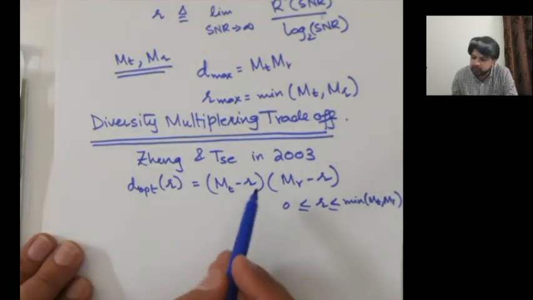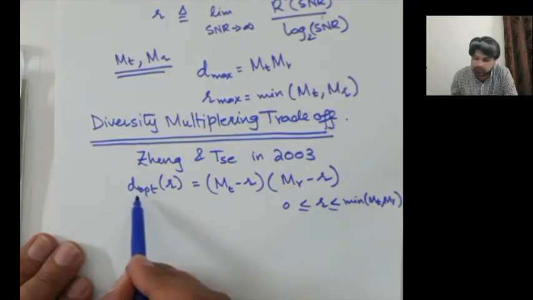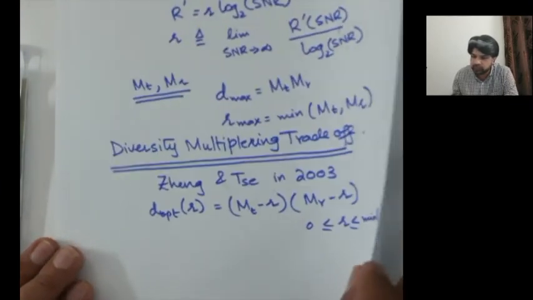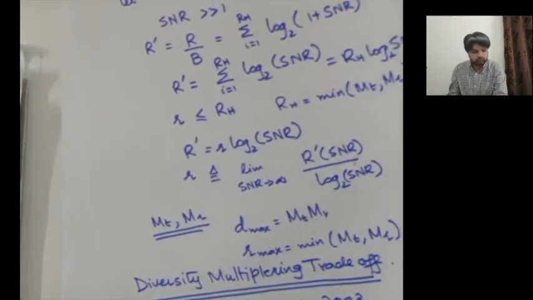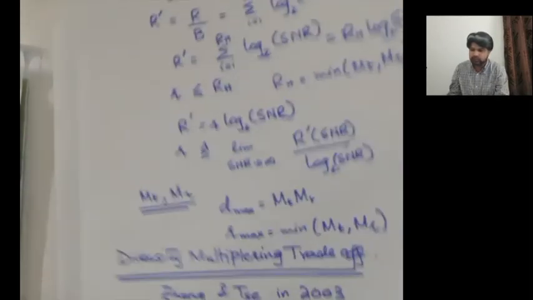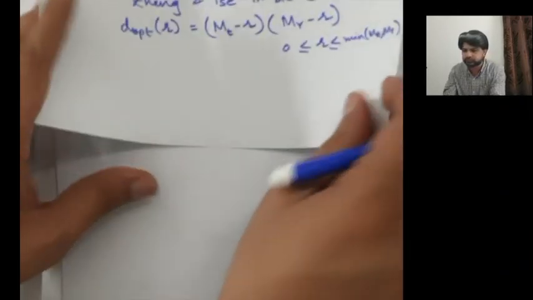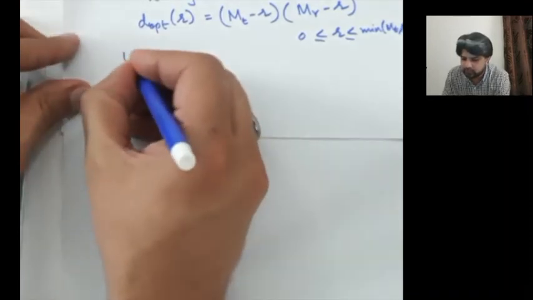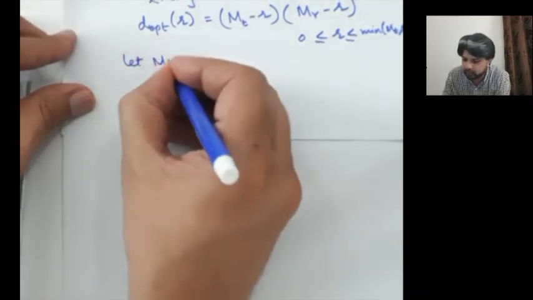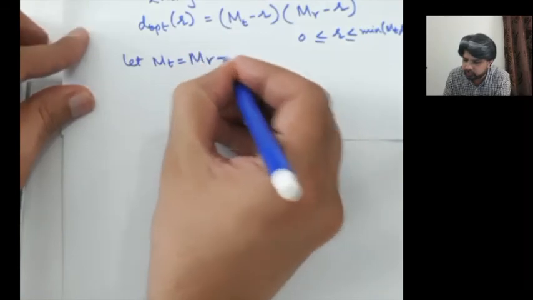So remember, R is your multiplexing gain, D is your diversity gain, and if you want to visualize it, let's visualize it for a given value of MT and MR. Suppose you have three antennas at the transmitting end, three antennas at the receiving end. Let MT equal MR equal 3.